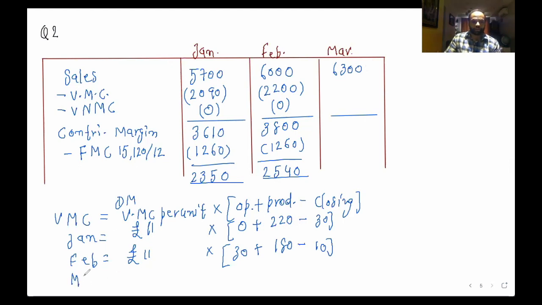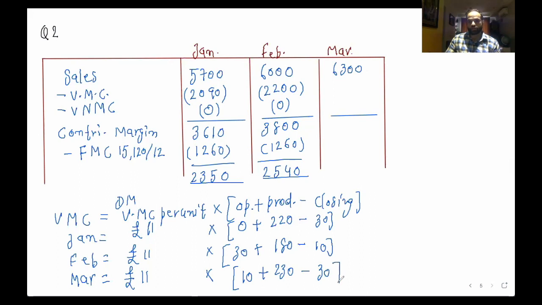Variable manufacturing cost for the month of March, we have 11 pounds multiplied by how much is the opening for March? 10, yes, 10 plus how many we produced? 230 we produced, minus closing 30.